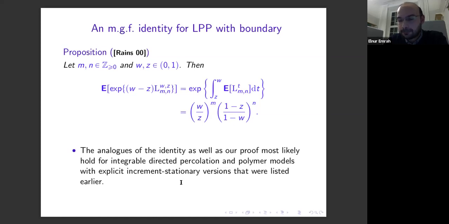And it's very likely that analogs of the identity can also be established in all the other models that I listed in one of the slides earlier. And the proof that this follows from increment stationarity can also very likely be adapted to all of these situations. So having exponential weights is not a limiting factor.